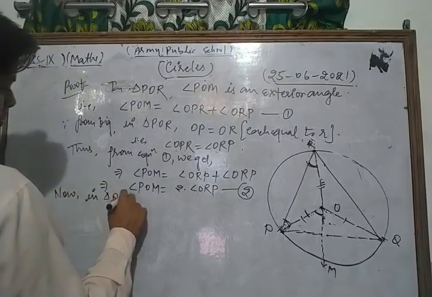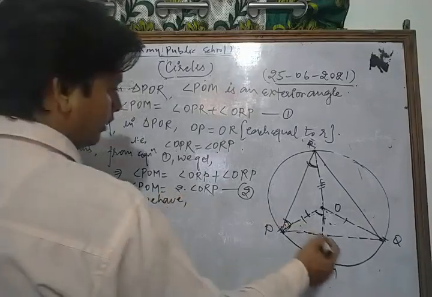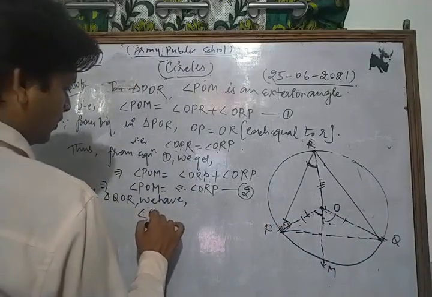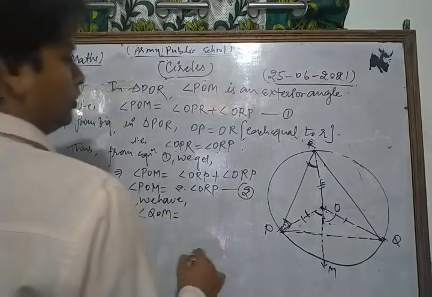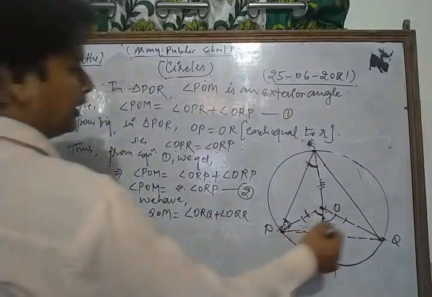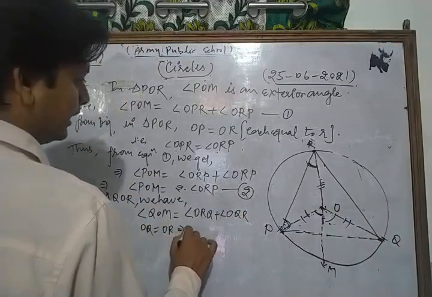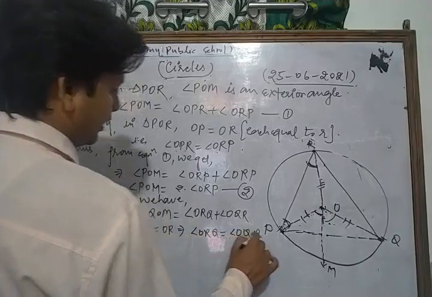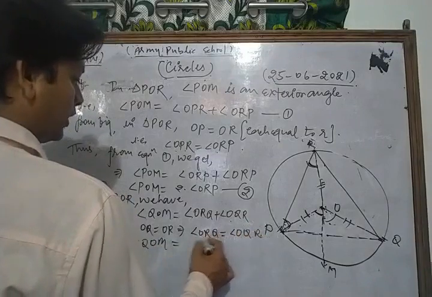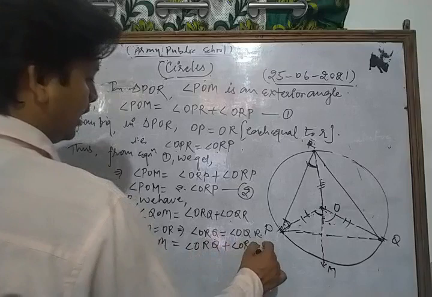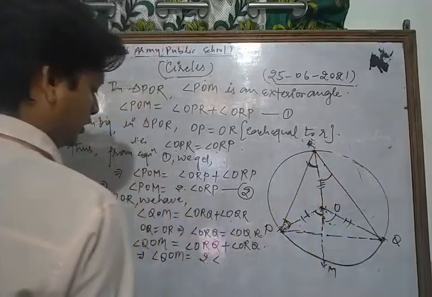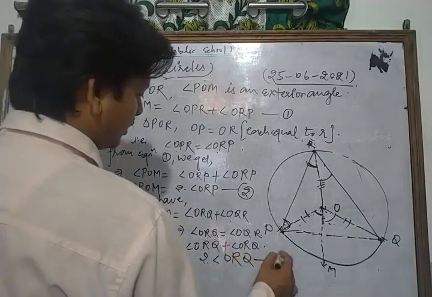In triangle QOR, we have angle QOM, which is also an exterior angle, equal to angle ORQ plus angle OQR. As OQ is equal to OR, angle ORQ is equal to angle OQR. So angle QOM is equal to angle ORQ plus angle ORQ, which gives angle QOM equal to 2 times angle ORQ. Take this as equation number 3.